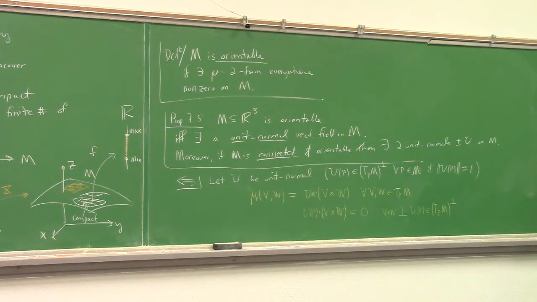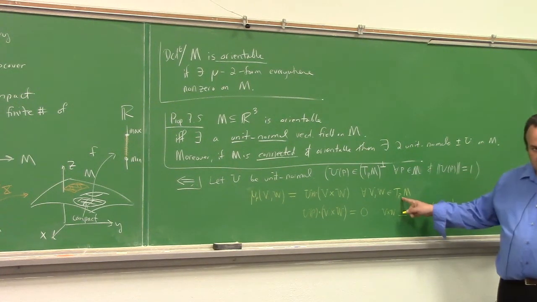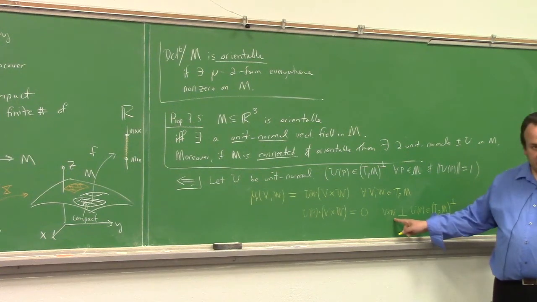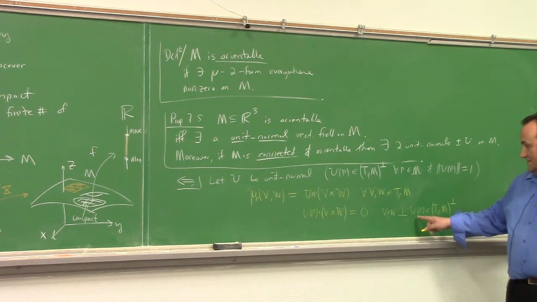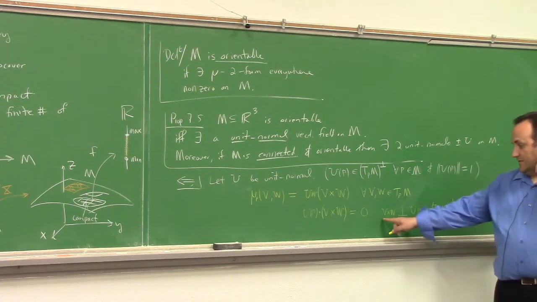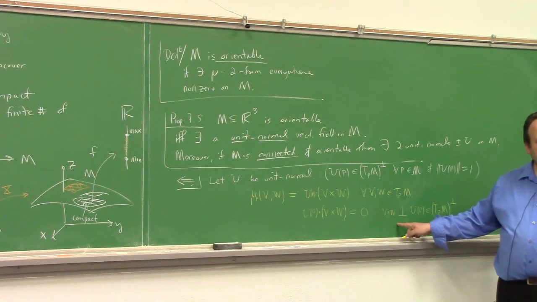U is orthogonal to the cross product, that's what that means. But v cross w has to be in the normal space, and yet it's perpendicular to U. So the only way this can happen is if v cross w is itself 0.